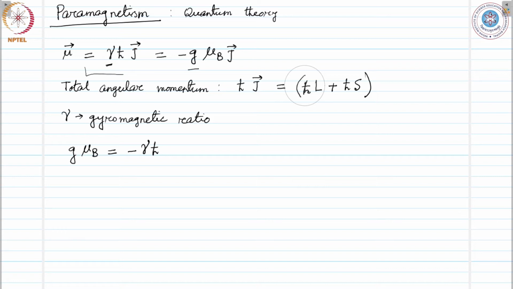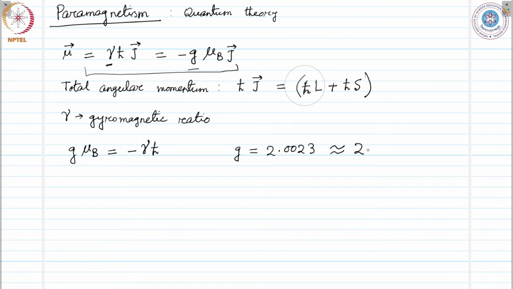From this definition, you can get this definition of g, and for electron spin, g turns out to be 2.0023, which is taken usually as 2 for electron spins, and that is what we are interested in.